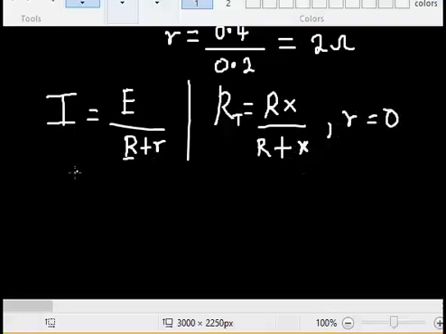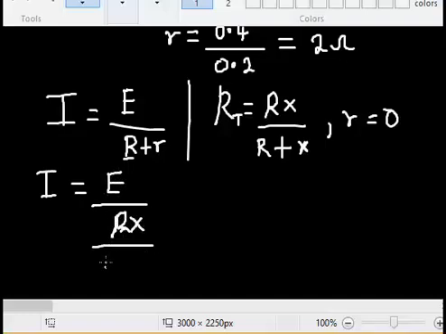So putting that here, I is equal to E divided by Rx all over R plus x.